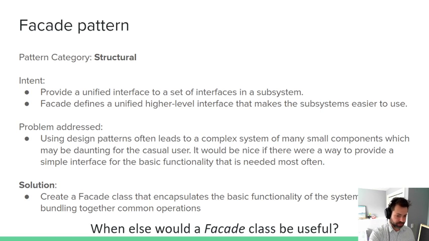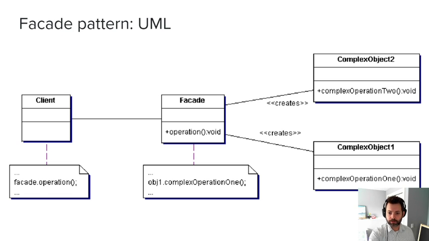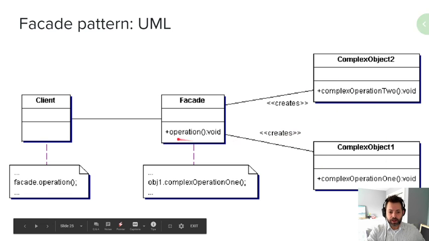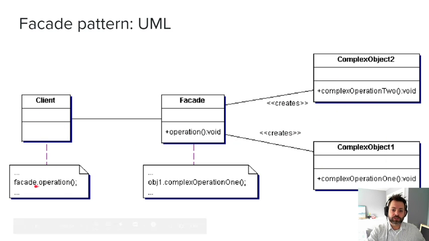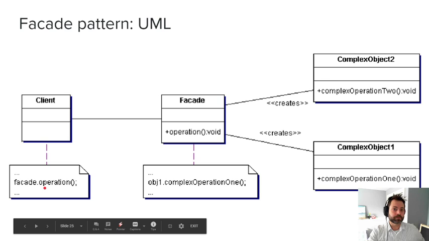Now I've got a slide here, but I want to pop ahead a little bit to show you the UML. So this would be one example of a UML implementation for Facade. This is kind of the same view, just more formalized. So you have your clients out here, you have your Facade, and then you have your subsystems. Basically here, the client just calls facade.operation, right?